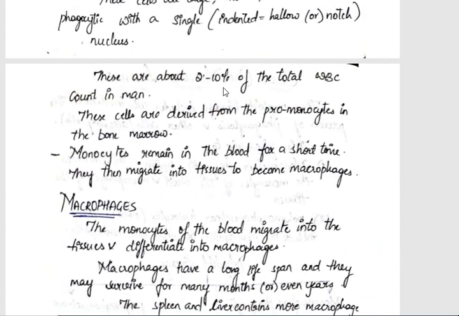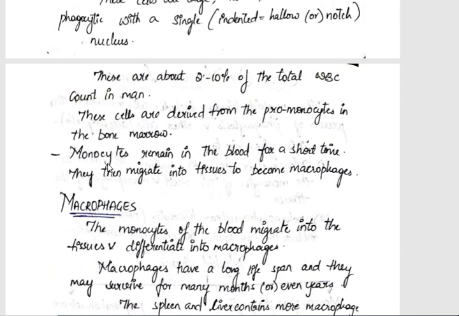They make up about 2 to 10% of the total WBC count in a human. So if we have 100 white blood cells, 2 to 10 will be monocytes. Every cell in the body is derived from the bone marrow, and in the same manner the monocyte is also derived from the bone marrow. The cell derived from the bone marrow is called a promonocyte. When it enters the bloodstream, we call it a monocyte.